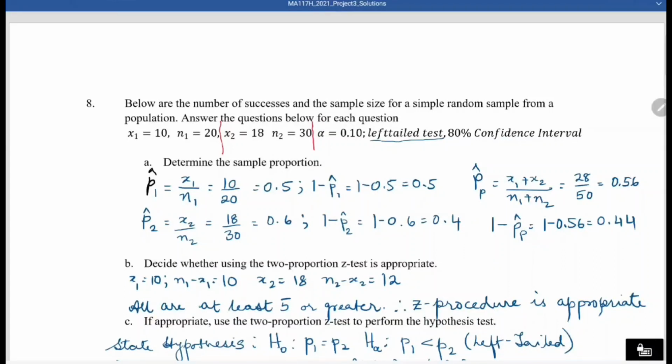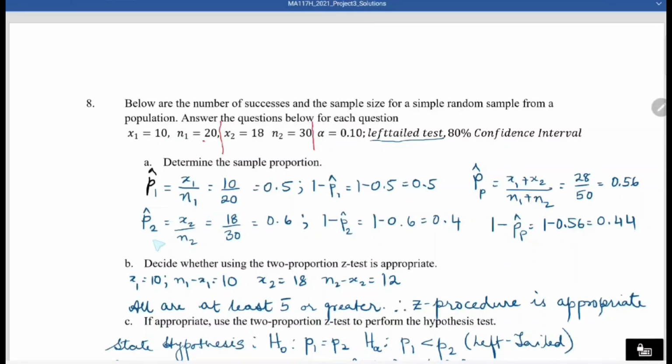All right, so now we are comparing two proportions, so we have to find p hat sub 1 and p hat sub 2. Recall from our worksheet and from our lecture that that's how we learn to work on questions comparing proportions. So p hat sub 1 would be x sub 1 divided by n sub 1, which is 10 divided by 20.